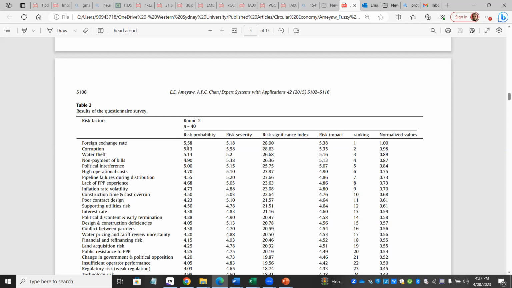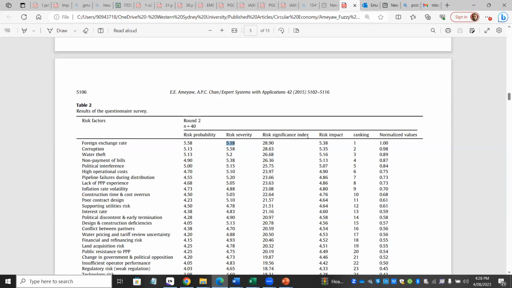Very simple. You multiply the means: this 5.58, you multiply it by 5.18 on the same factor, and you have to do it for all the factors. So this column times this column will give you what we call the risk significance index. You can decide to ignore this, but you can also decide to bring it. It's not so important.